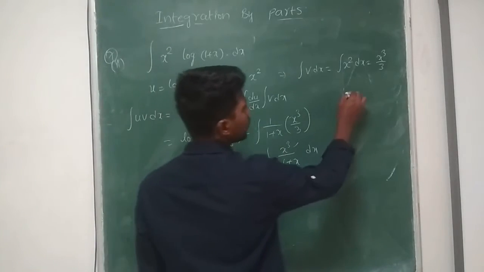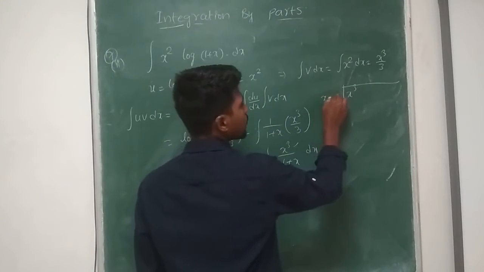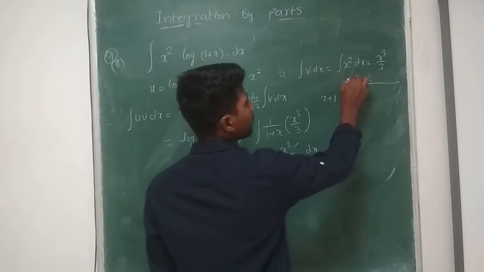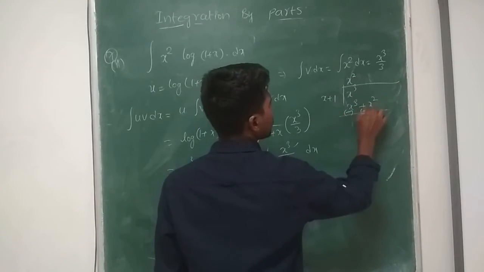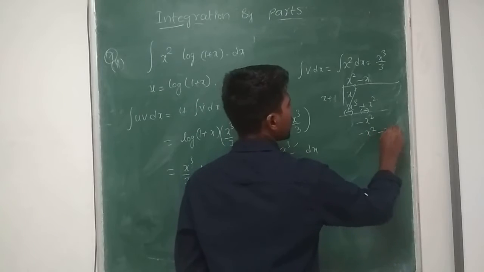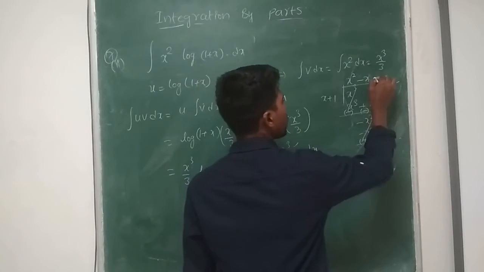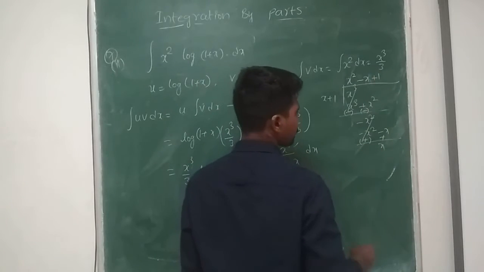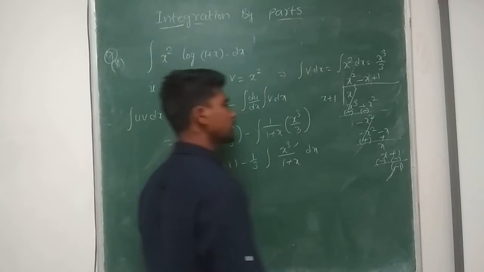So divide x cube by 1 plus x, which gives x square times: x cube plus x square, minus, so I get minus x square minus x, and I get again x, so 1 into x plus 1, and I get a minus 1 as a remainder.